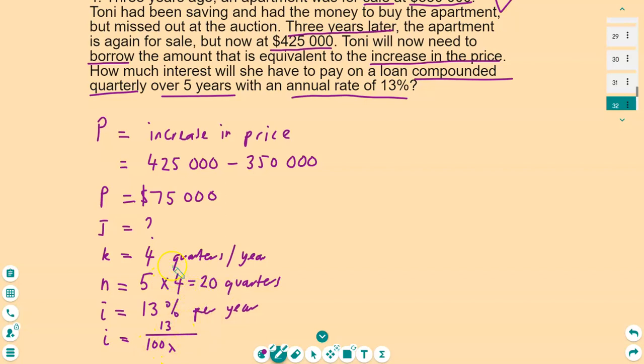I might just put a box around that K value because it's important for here and here. We need our interest rate as per quarter if we're going to substitute it into that formula. 13 divided by 100 times 4. Interest rate is a decimal per quarter.